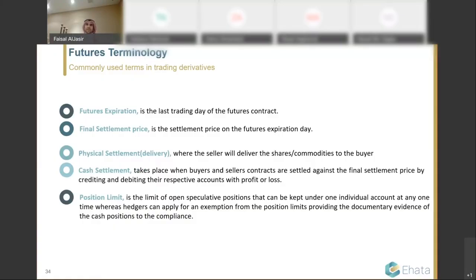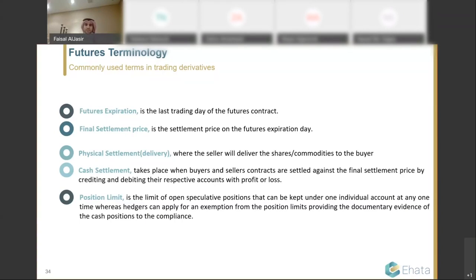If it's stock, you would actually have the stocks in your portfolio, so you would accept delivery of these stocks. Cash settlement is just taking the difference between the settlement price and your buying price or your selling price, depending on which side you are.